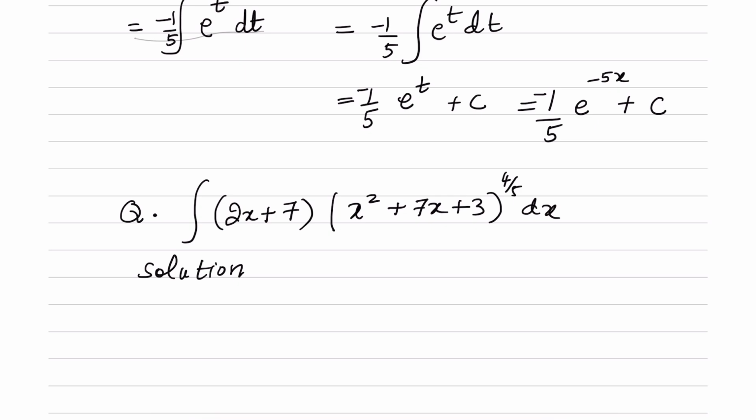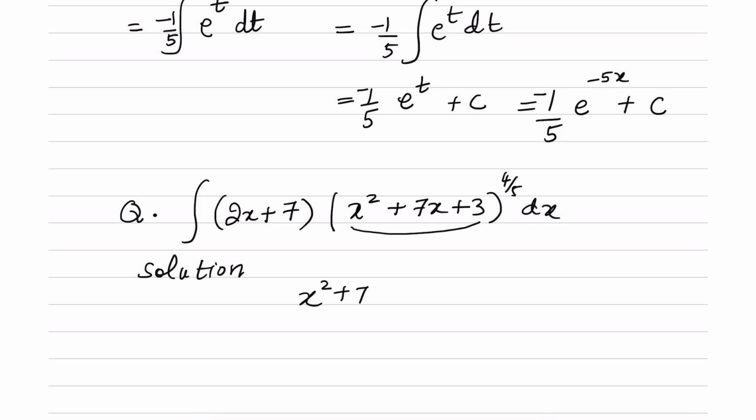One is 2x plus 7 and another is x square plus 7x plus 3 whole power 4 by 5. We can see that this part is the complex part. So from the complex part, we are going to look for a tiny part such that its derivative is also here. So the tiny part is x square plus 7x plus 3.